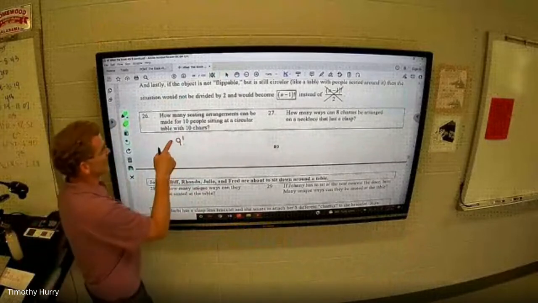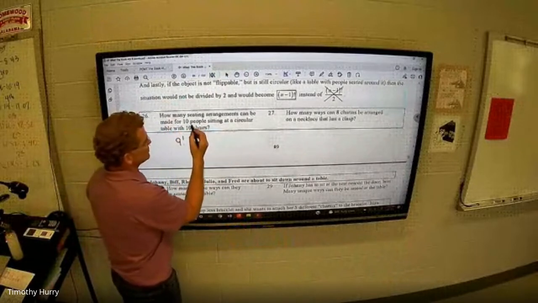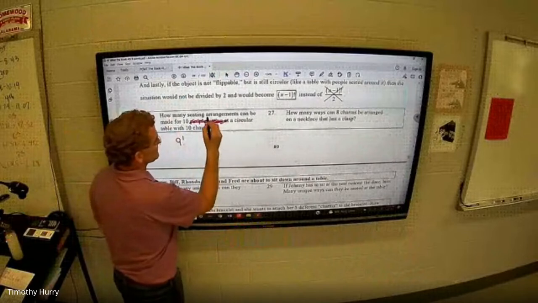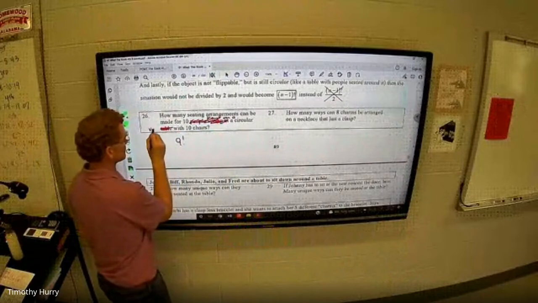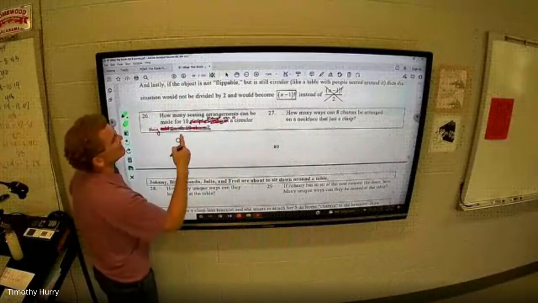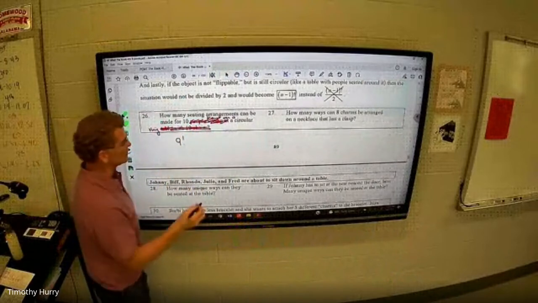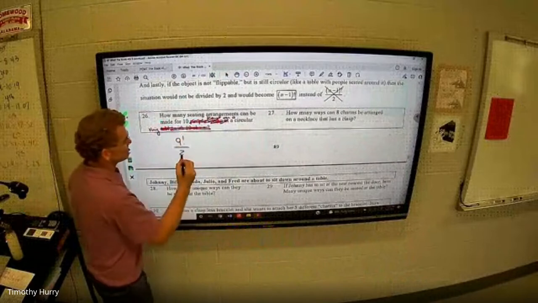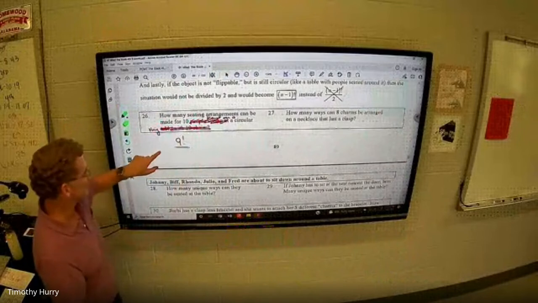Now, if I change that from 10 people sitting at a circular table, 10 chairs, to 10 keys on a circular ring, right? If I changed it to that, you'd go, oh, 10 keys on a circular ring, 9 factorial, but because it's circular, flippable, I divide by 2 as well. But this one is not that case. This is just 9 factorial.